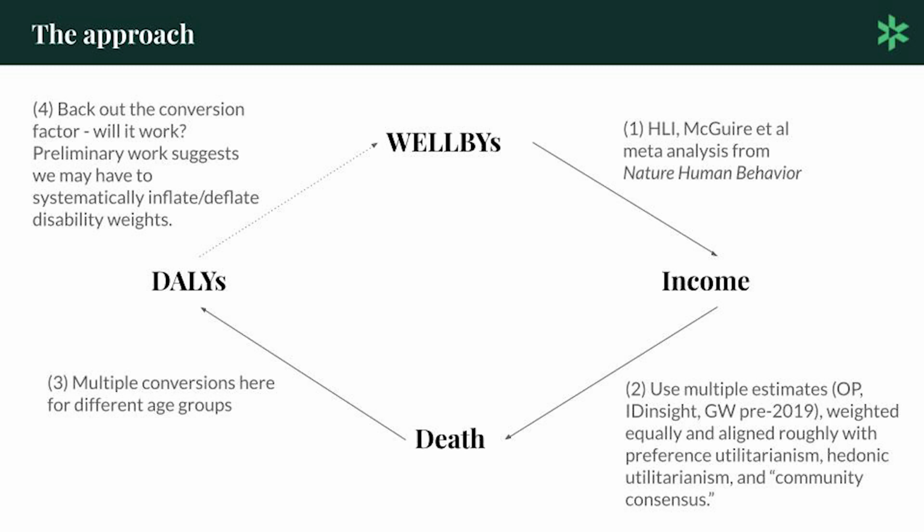We think that OP represents a hedonic utilitarian approach, relies on some subjective well-being data historically, and we have GiveWell pre-2019 representing something like an EA community consensus. So before the preference utilitarian data arrives, we look at what GiveWell thought and weight those things equally and try not to insert our own subjective judgments in there.